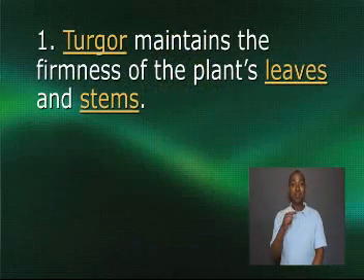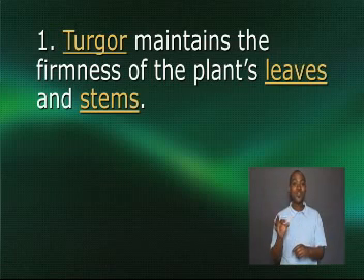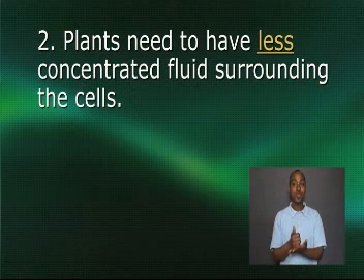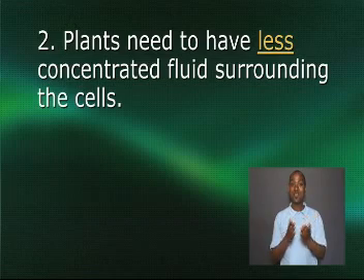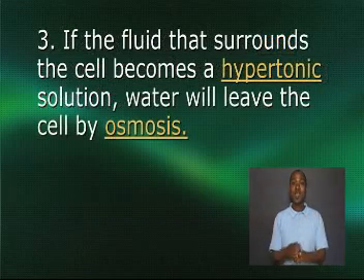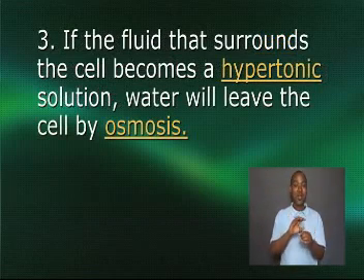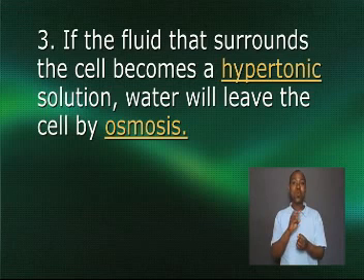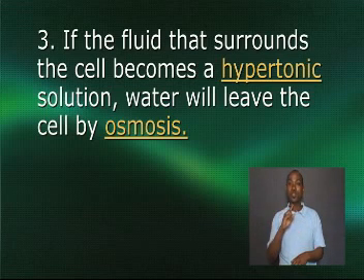Turgor maintains the firmness of the plant's leaves and stems. Plants need to have less concentrated fluid surrounding the cells. If the fluid that surrounds the cell becomes a hypertonic solution, water will leave the cell by osmosis.